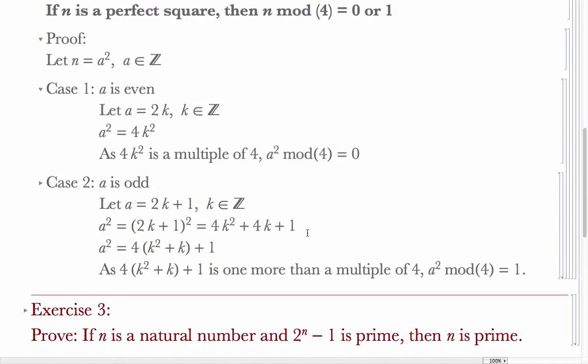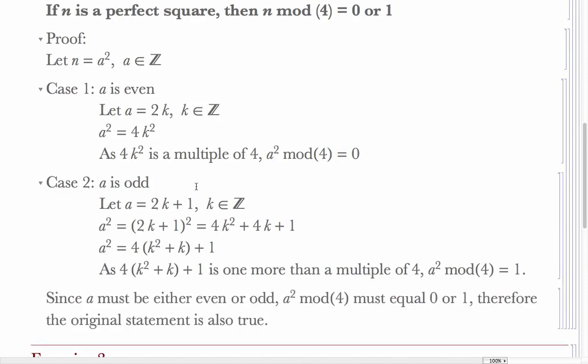Sometimes it's easy to miss a case and leave an incomplete proof. For instance, you might have a proof of integers where you forget about the number 0. You show something for negative values and positive values, but you forget 0, and then you have an incomplete proof. So it's something to watch out for as you're dealing with proofs with multiple cases, making sure that your coverage of the entire set that you're working with is complete.